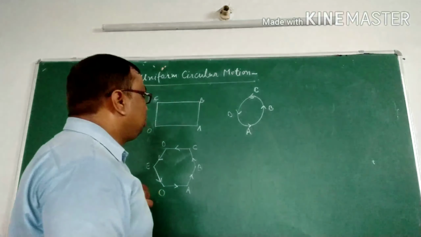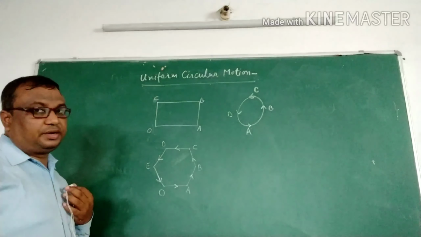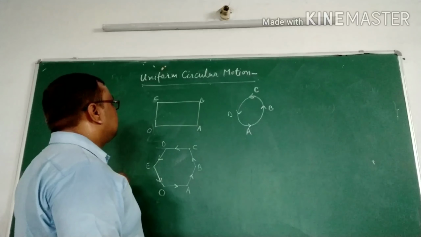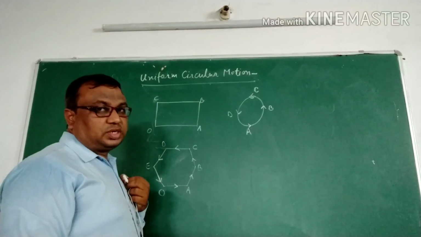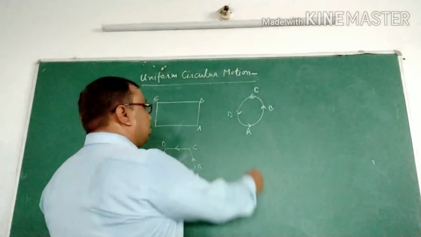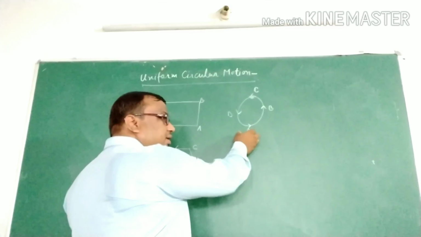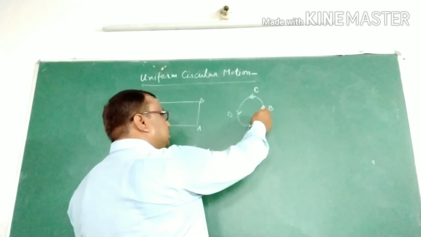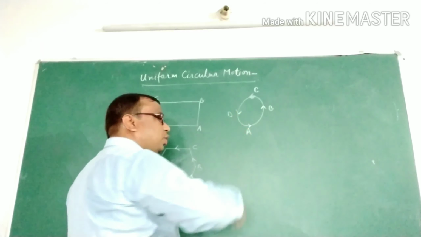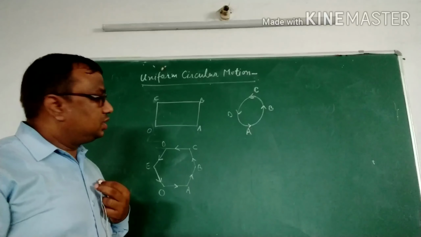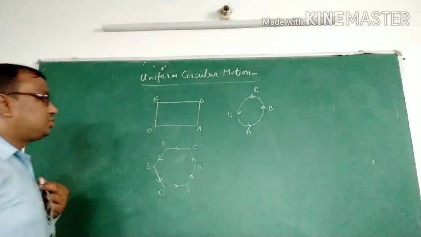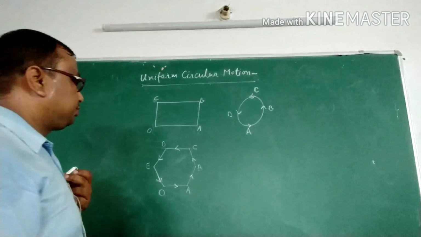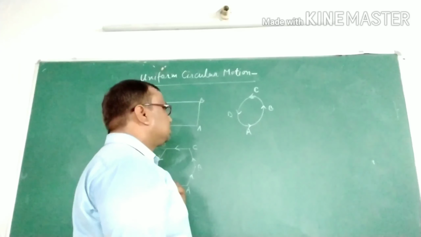Uniform means constant, as we have discussed in the last lectures. If he starts his journey from A and continuously changes through B, C and D and reaches point O, then it is a uniform circular motion. Clear?